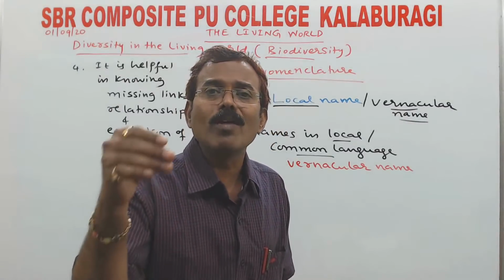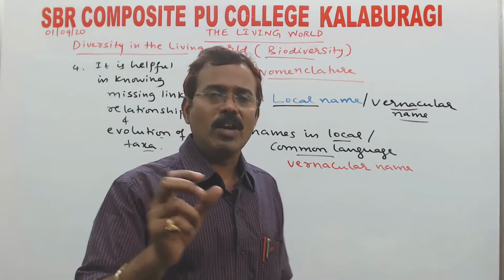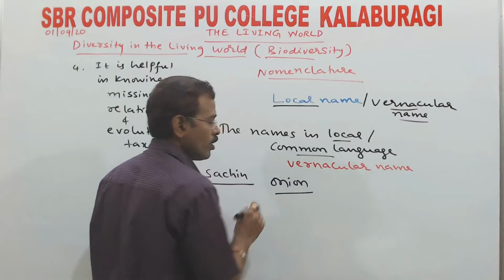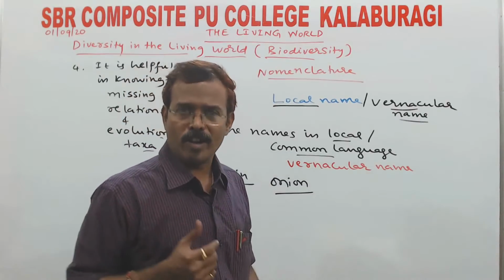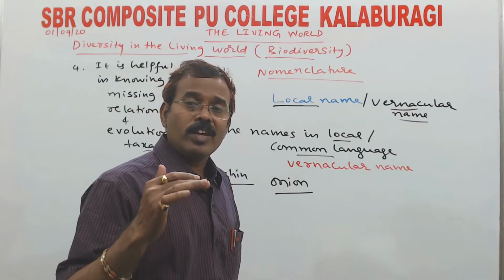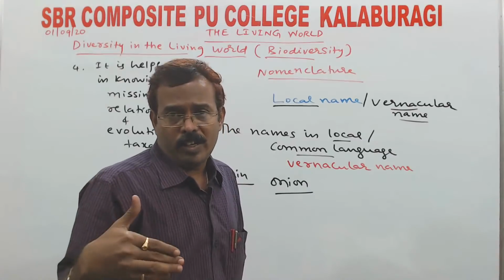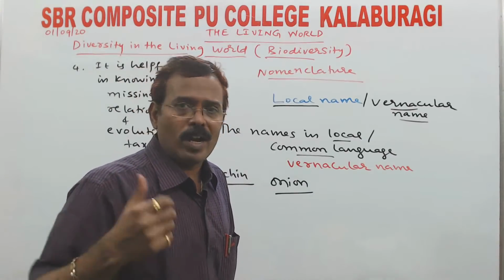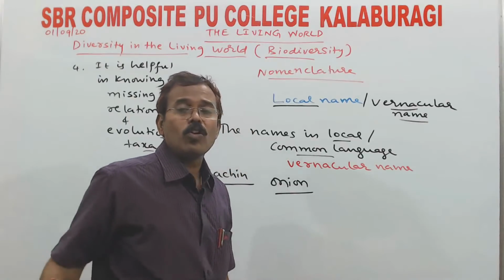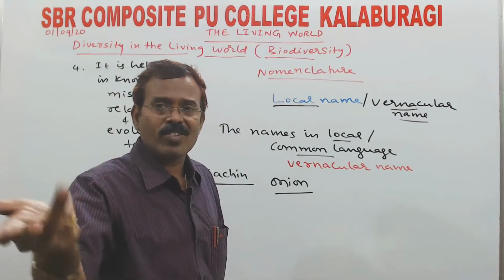Like that, when you give a plant a local name, say for example, you have onion. The local name is Ulagadi, Irulli. This is a local name. If you go to the neighboring state and use the term Irulli or Ulagadi, they may not be able to understand, because this plant is known by another name in another place, in another state.